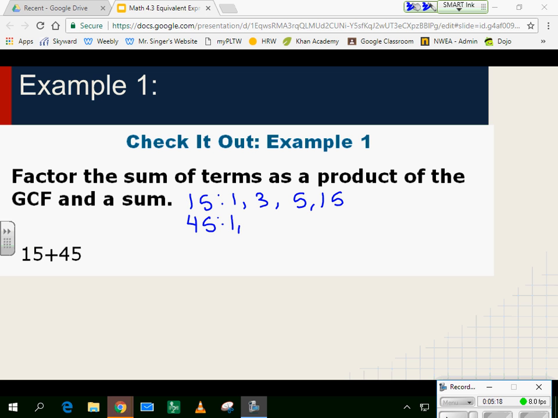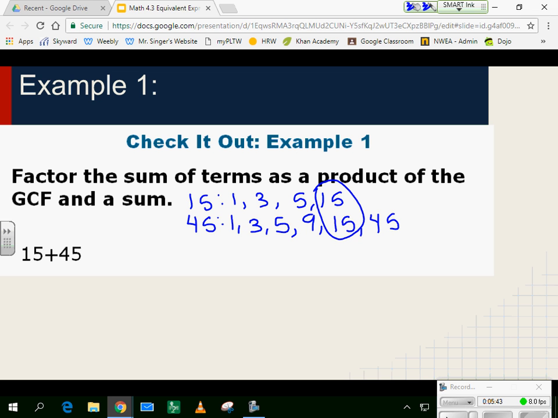For 45: 1, 3, 5, 9, 15, and 45. So the greatest common factor that we have is 15.